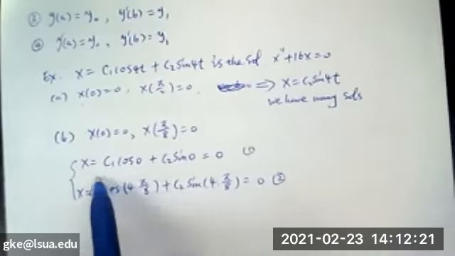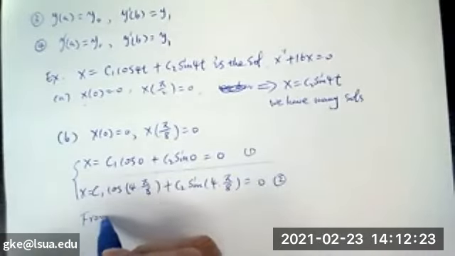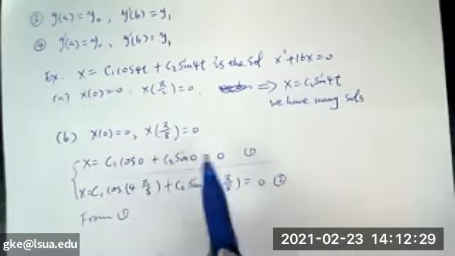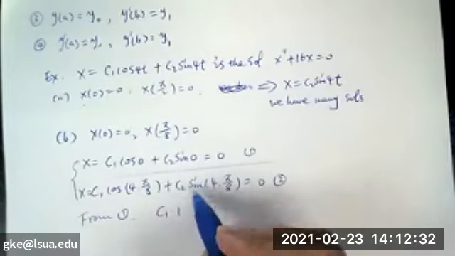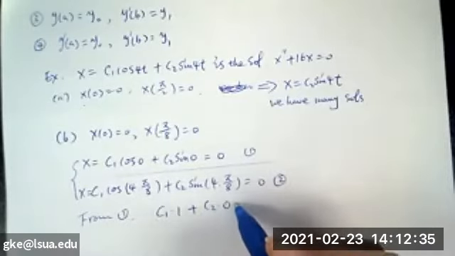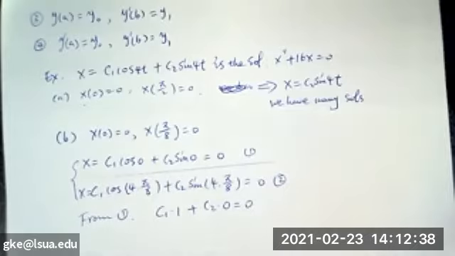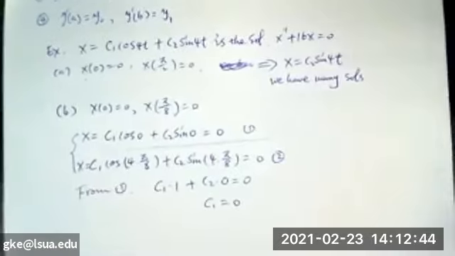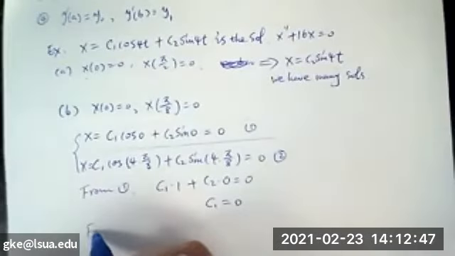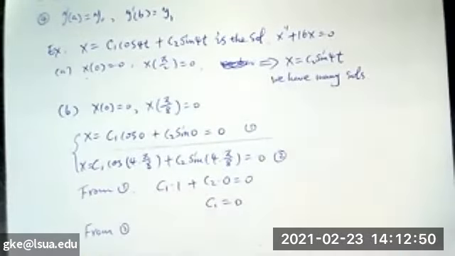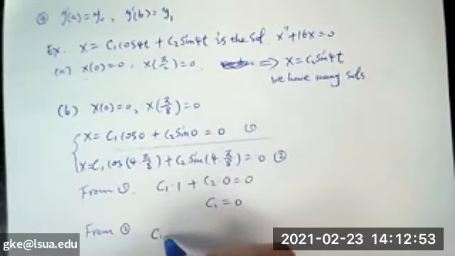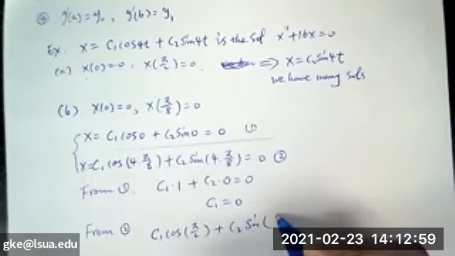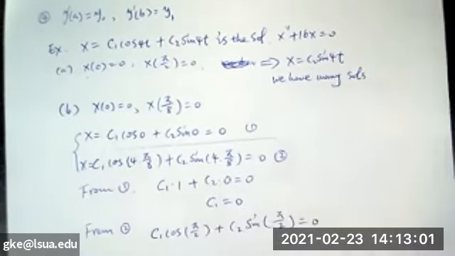So from the first one, cosine 0 equals 1, right? Sine 0 is 0. And then we can tell C1 equals 0. And from condition 2, C1 cosine pi over 2 plus C2 sine pi over 2 equals 0.